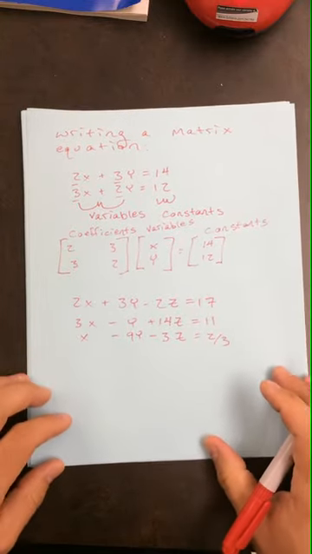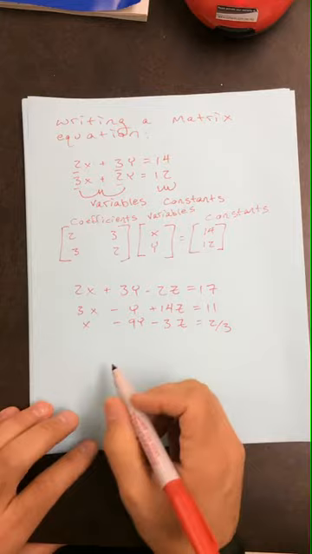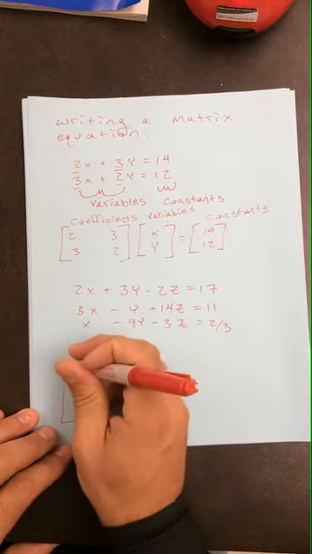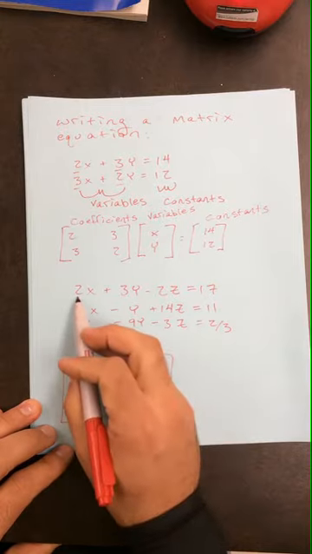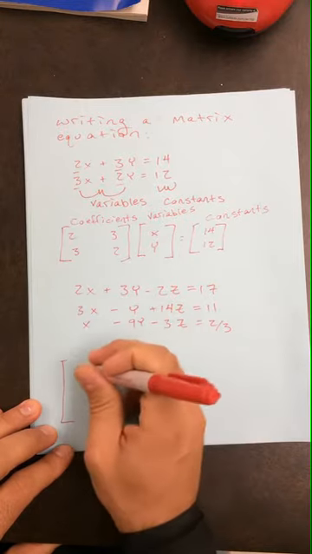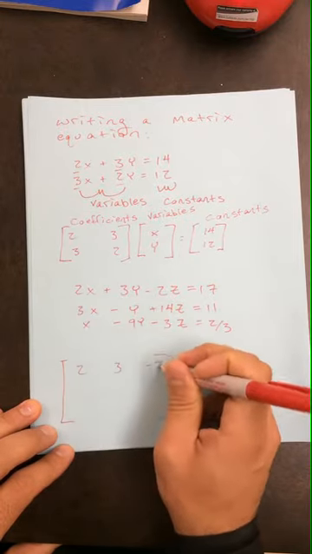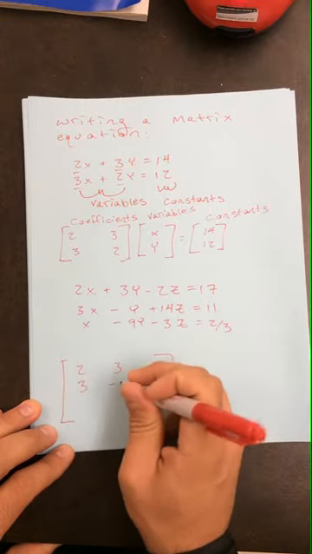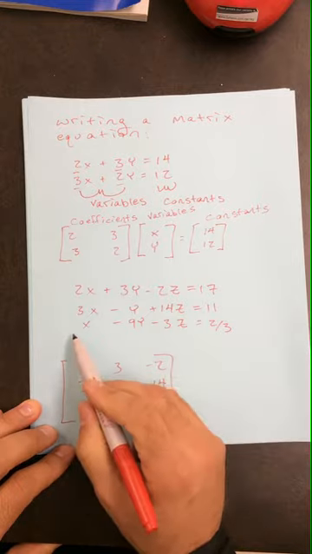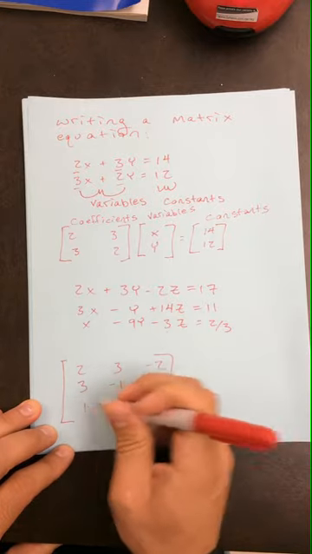The same thing's true if I have more variables. So if you look at this bottom one down here, this time I have 3 variables. First I'm going to put my coefficients, 2, 3, negative 2, 3, negative 1, 14, 1, negative 9, negative 3.